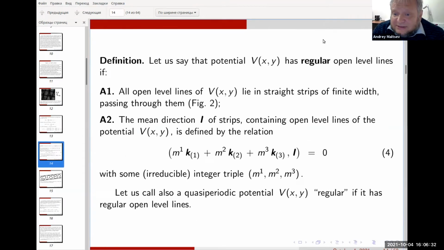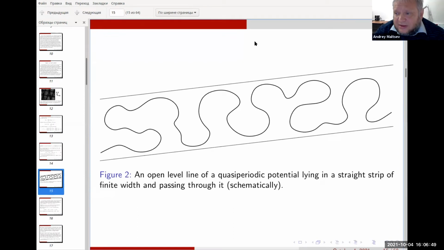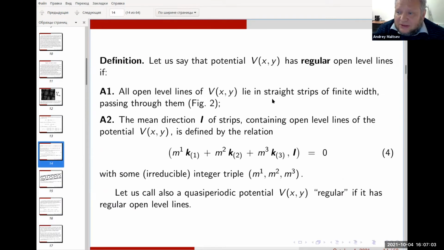So let me now give a definition. We say that the potential has regular open level lines if, first of all, open level lines can be restricted by straight strips in the plane and pass through them from -infinity to +infinity. And this is not all. Actually, the direction of this line is connected with the directions of our one-dimensional potentials with the aid of some topological triple.